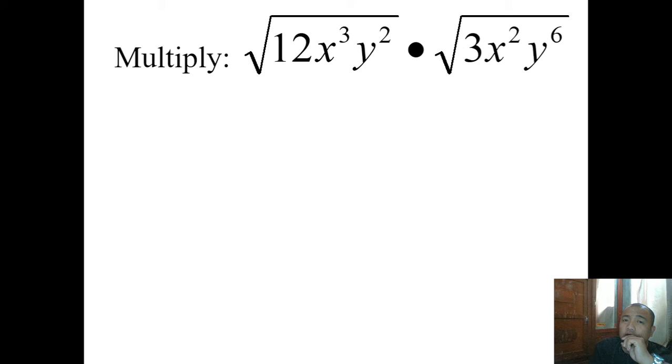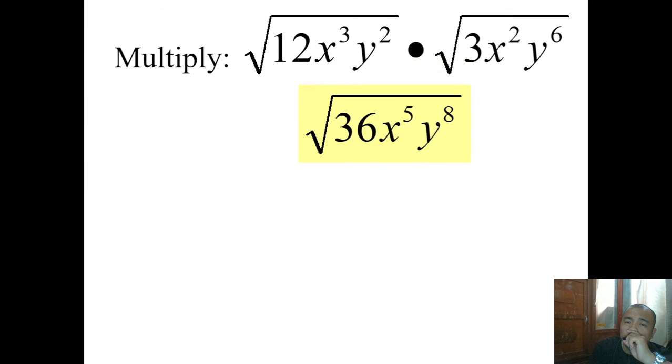Next, square root of 12x cubed y squared times square root of 3x squared y to the 6. Answer. Okay, let's multiply the radicands. 36x to the 5th, by adding the exponents, y to the 8. The square root of 36y to the 8 is 6y to the 4th.